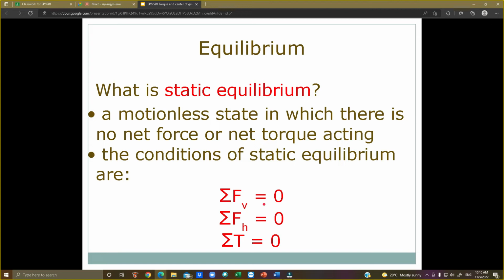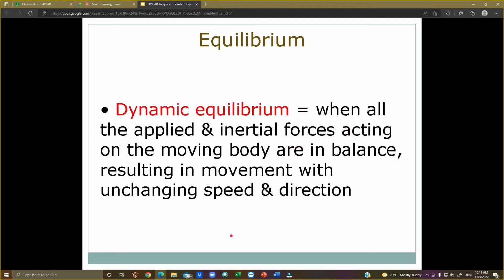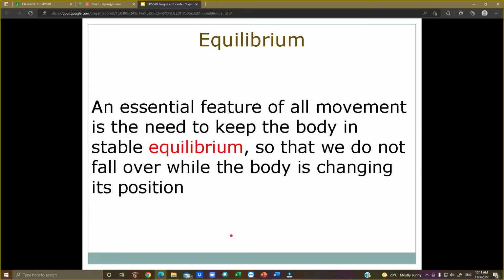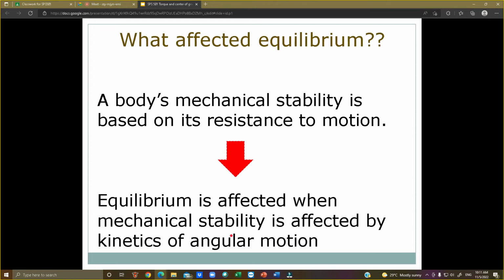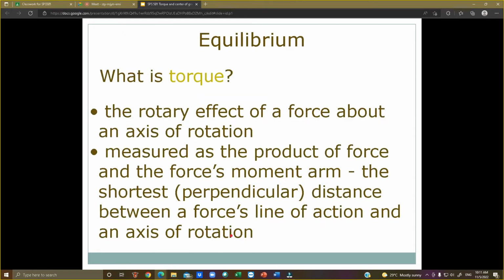Magnitude vertical, upwards, no. Magnitude horizontal, in a straight line, no. And magnitude in terms of torque, which is the cause of rotation. Jadi hari ni kita akan bincang torque, since we have discussed the first part regarding stability and equilibrium.